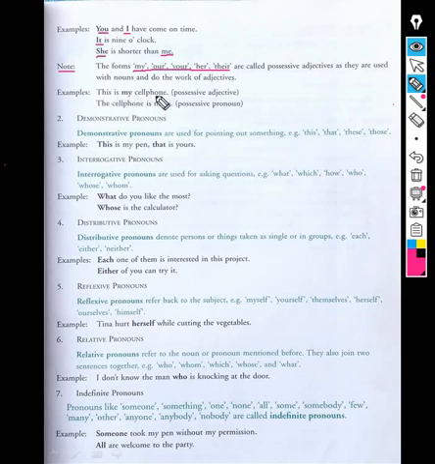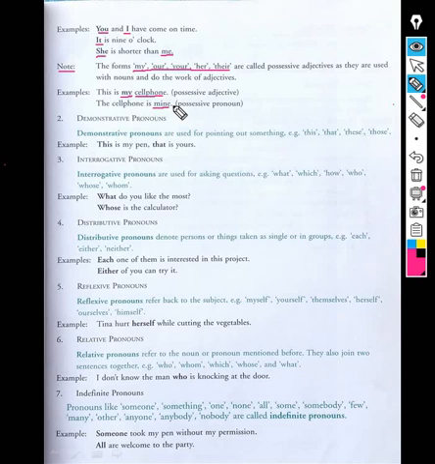This is my cell phone. Here my is a pronoun, but it is being used as an adjective. This is modifying cell phone. So this is a possessive adjective. The cell phone is mine. If there isn't any noun after this possessive case, you can see mine. We cannot use any noun after mine. We cannot say this is mine cell phone, but we will say this cell phone is mine.